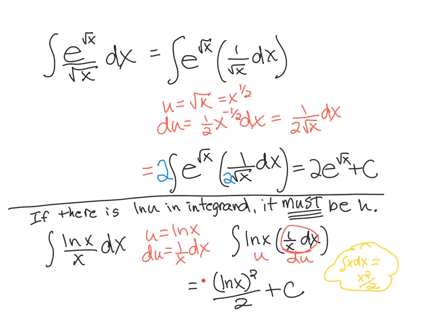You're going to bring this 2 down and subtract 1 from it, and the 2's will cancel. You'll just get the ln of x, but you've got to multiply by the derivative of this stuff in the parentheses here. So you'd be multiplying by 1 over x, and look what you'd have. ln of x to the 1 over x. Do you see how it works?